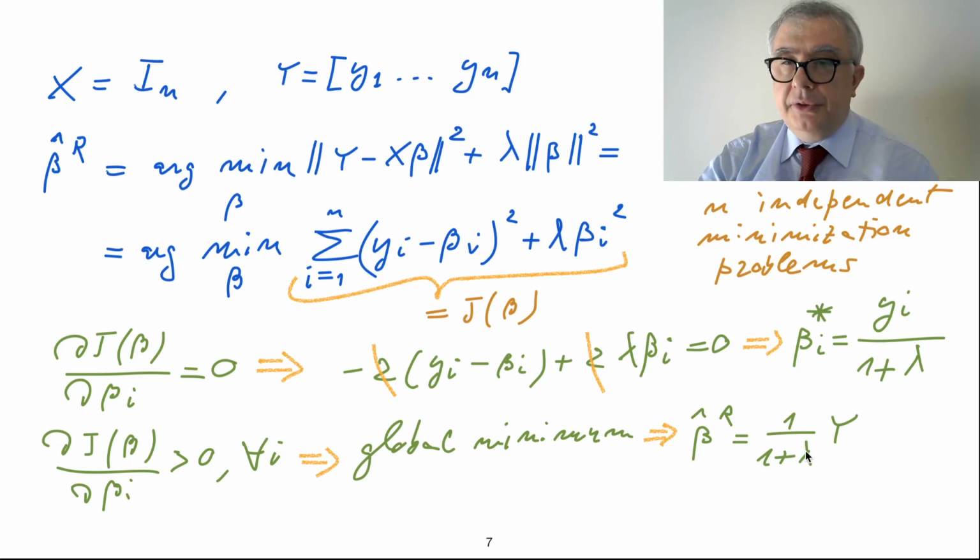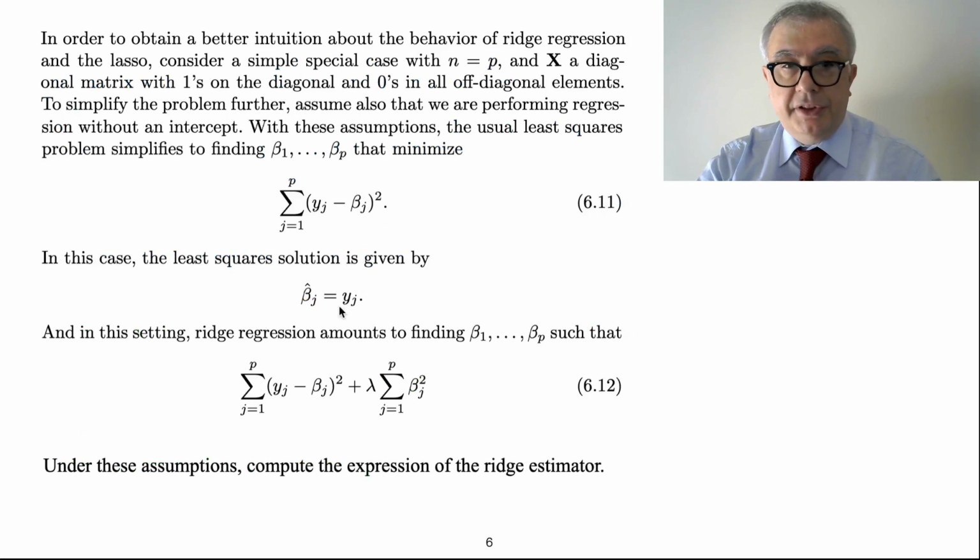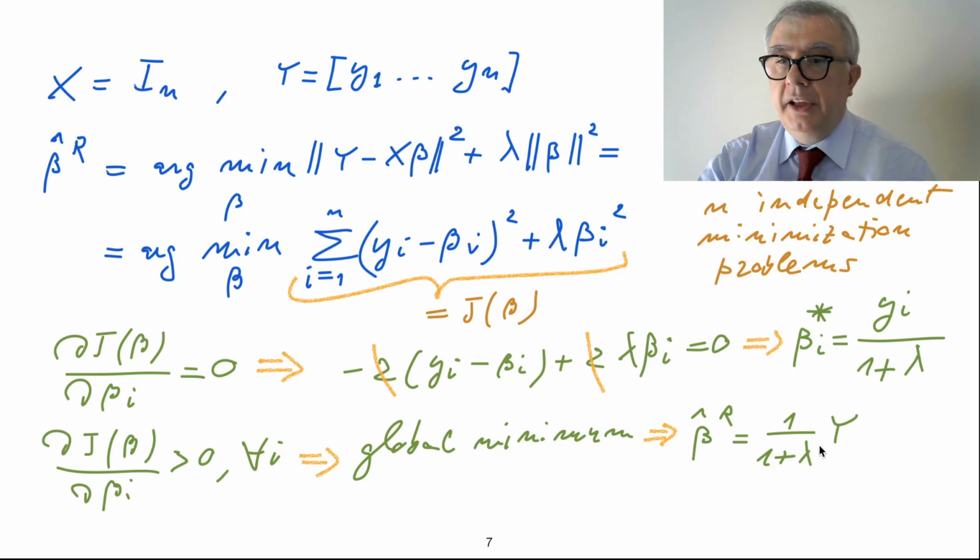This is nice. So you see that if the regularization parameter lambda is equal to 0, you just have beta hat ridge equal to the data. And this is consistent with the fact that this is the least squares solution. So this is something that you already know, that if the regularization parameter is equal to 0, you retrieve the least squares solution.